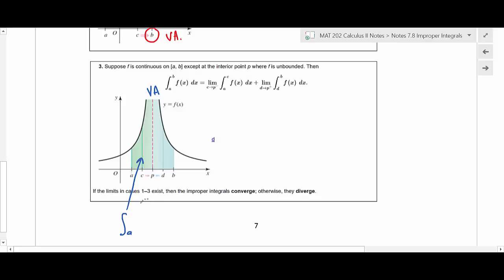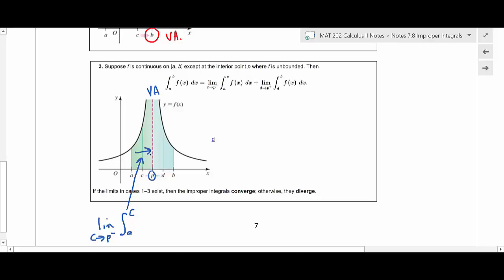You can use whatever letter you want here. They used C. And then you do the limit as C approaches some value. Actually, they used a P. So they're saying C approaches P from the left-hand side. So you're doing a left-hand limit right there. Just look at that.